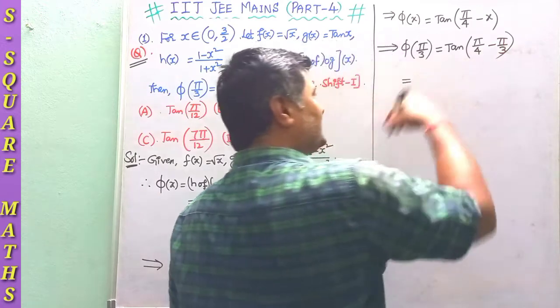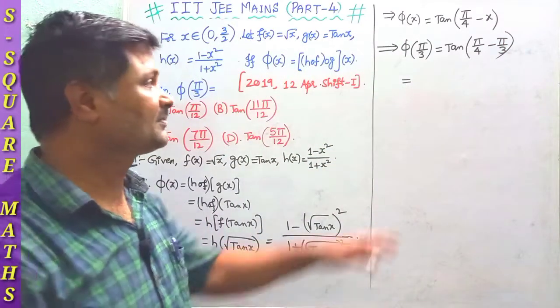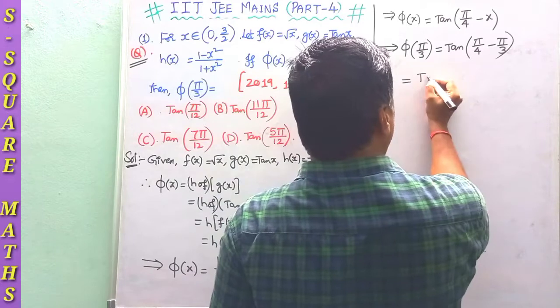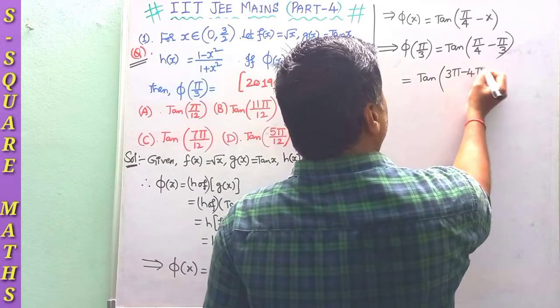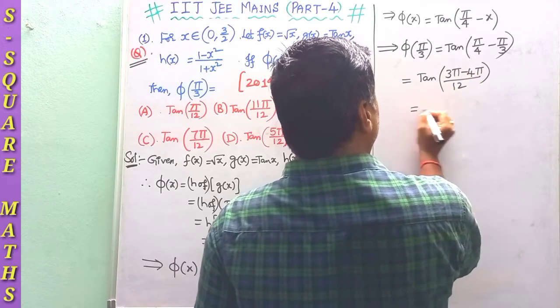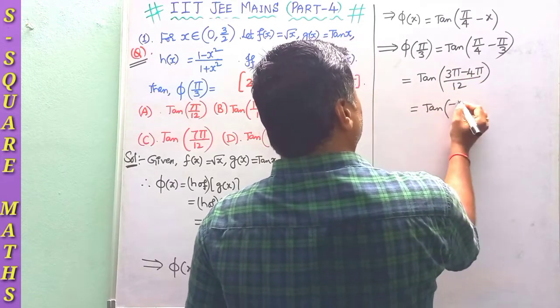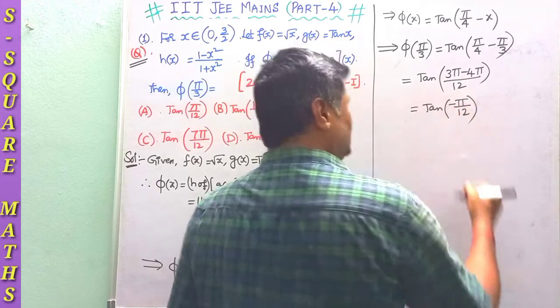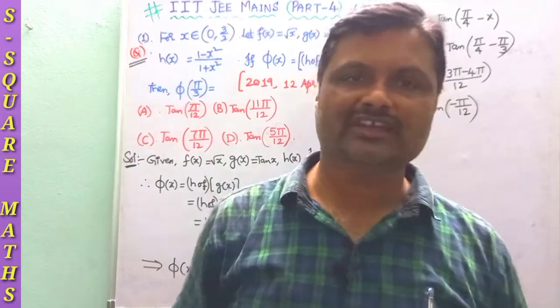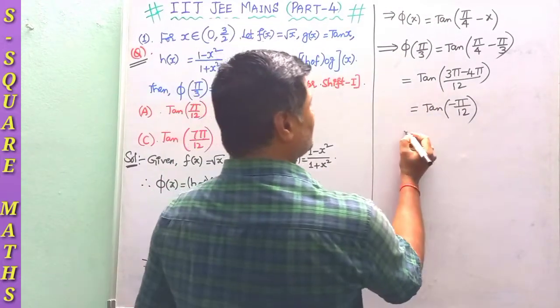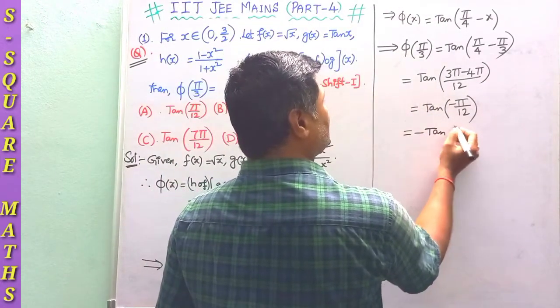After the LCM I get tan of 3 pi minus 4 pi by 12, nothing but tan of minus pi by 12. As we know that tan of minus theta is minus tan theta, so it is minus tan pi by 12.